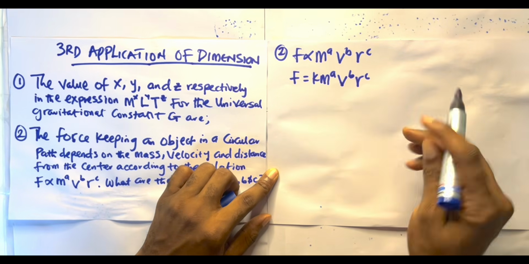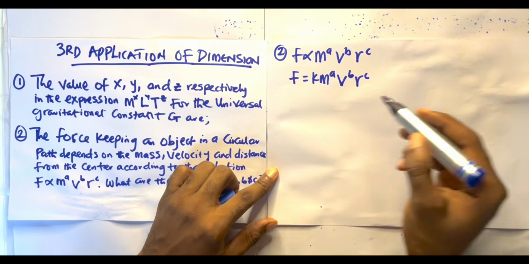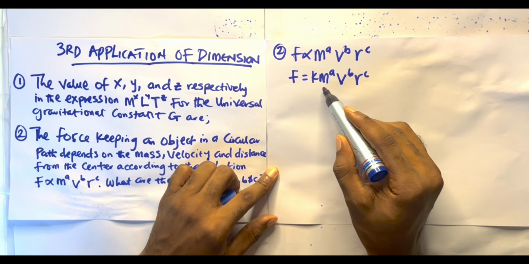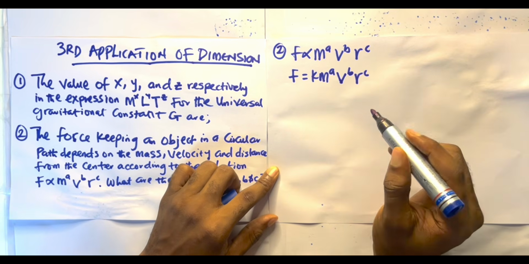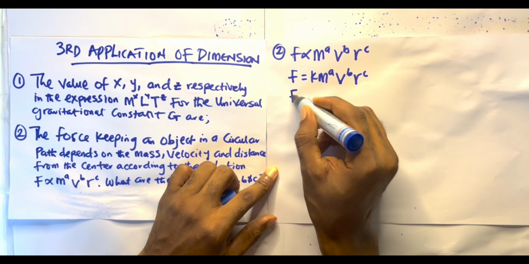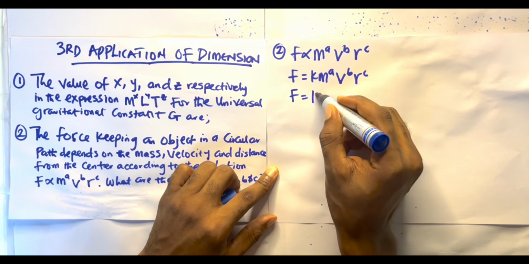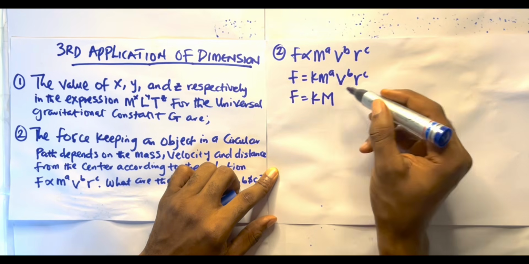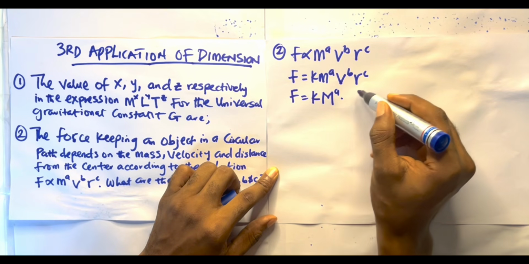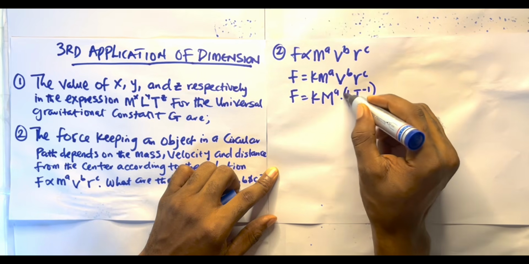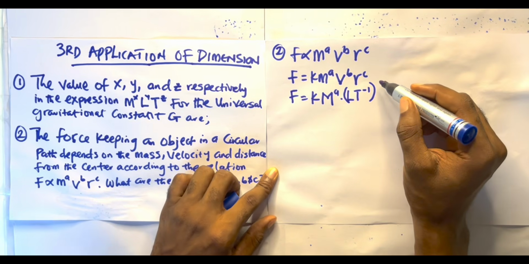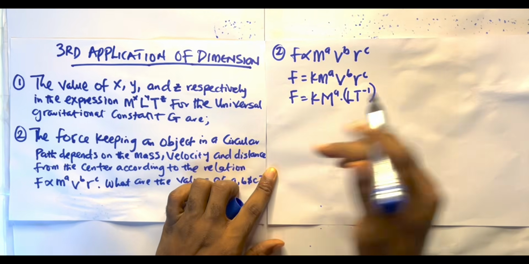So therefore, the next thing you do after this, you introduce the dimension of M, V, and R. So therefore, my F will be equal to K, capital letter M^a, dot L T^-1. That's the dimension of what? Velocity, according to our question here.